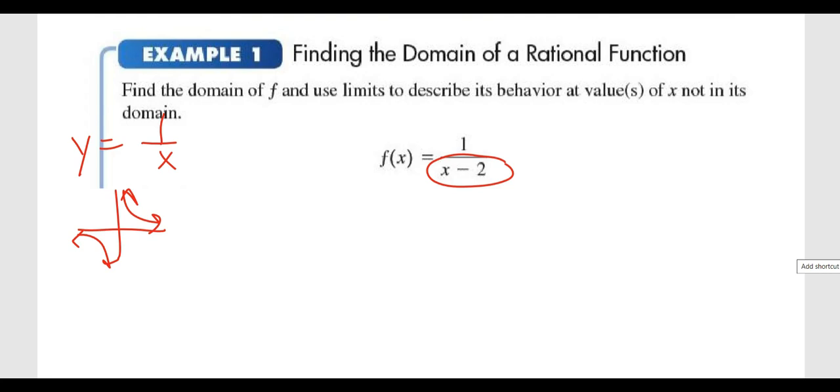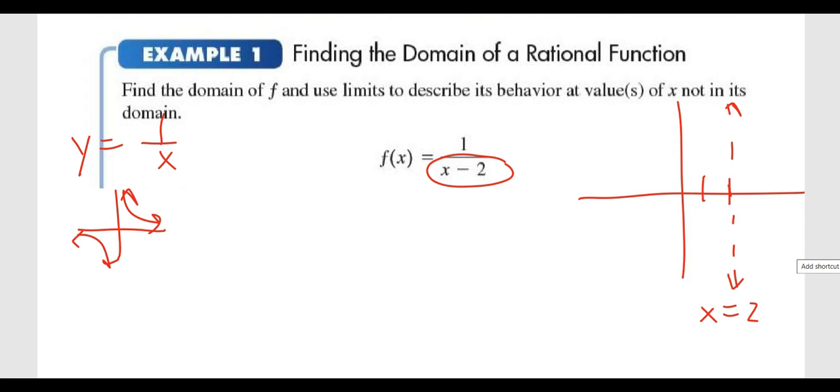Moving it to the right 2 units. So what's over here at x equals 2? Ah, yes, the vertical asymptote, x equals 2. Remember, the factors from the denominator, which are not removable, create the vertical asymptotes.